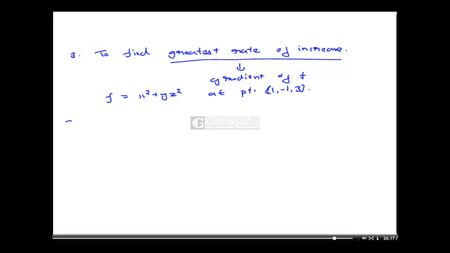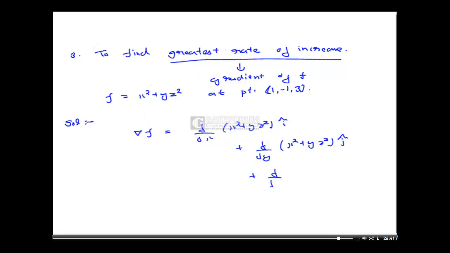Okay. f is given, we have to find delta f. Del by del x of (x^2 + yz^2) i cap plus del by del y of (x^2 + yz^2) j cap plus del by del z of (x^2 + yz^2) k cap.